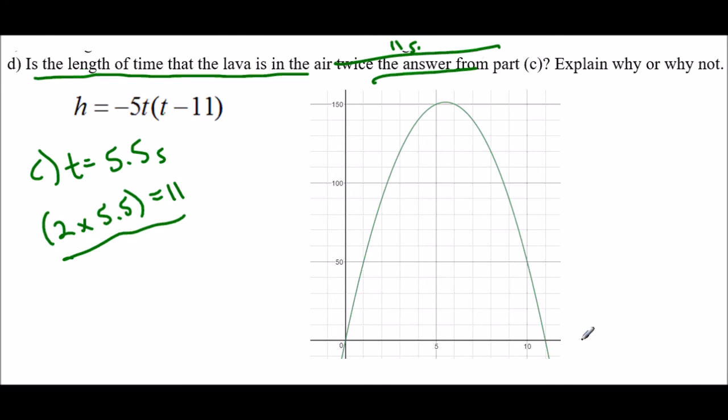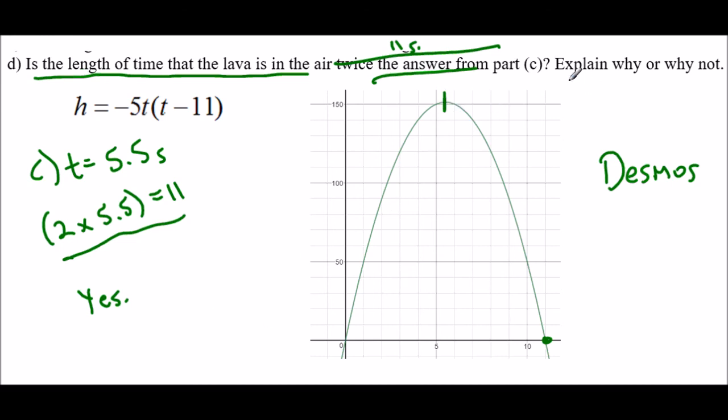Well, yes, it is. If you look at this graph, I used a graphing program, free on the internet and awesome, called Desmos to graph this parabola for me. And that's how long it was in the air, 11 seconds. Now 11 seconds is exactly twice 5.5 seconds. So yes, the lava is in the air for twice the time it takes to get to maximum height.